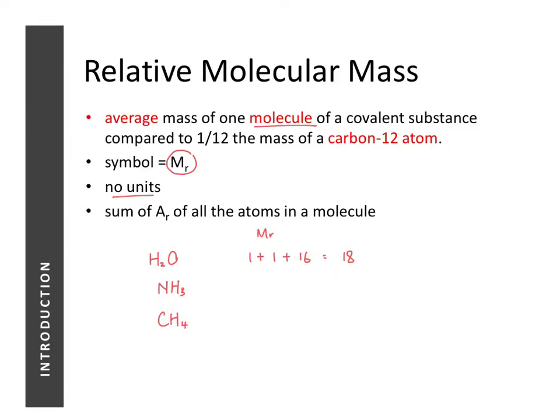Ammonia contains one atom of nitrogen and 3 atoms of hydrogen, so the relative molecular mass is 17. Methane contains an atom of carbon and 4 atoms of hydrogen, so it has a relative molecular mass of 16.